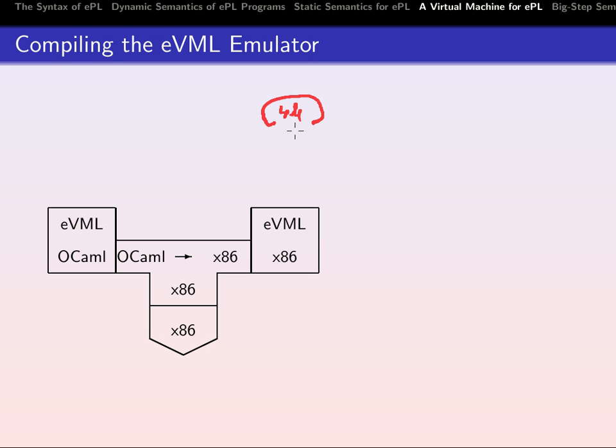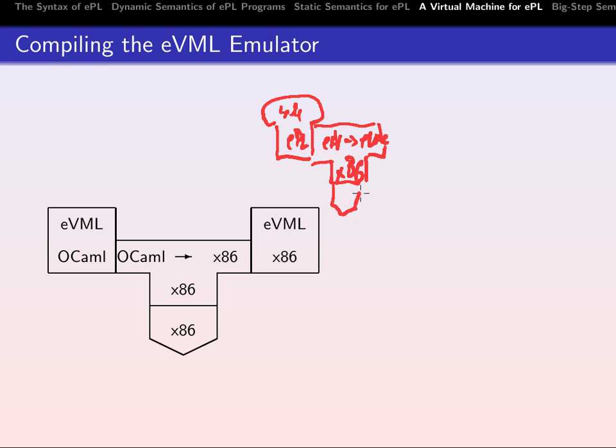This is bill, and this is EPL, right? I have an EPL that I have a compiler that takes EPL into EVML, right? And this was on x86. This was on the previous slide, right?